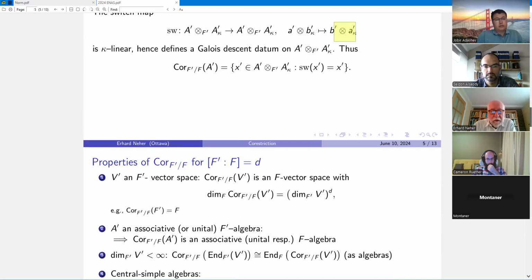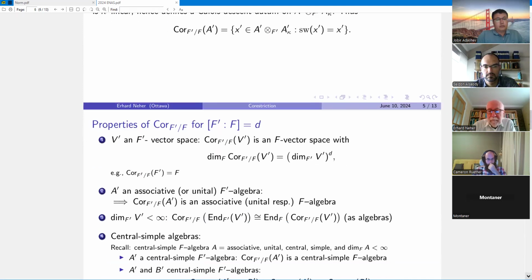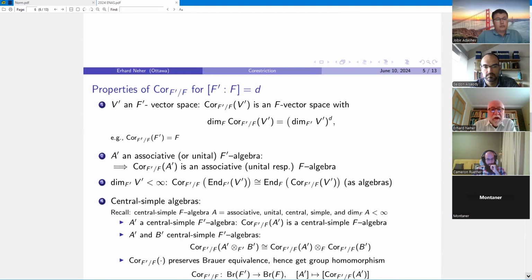So recall that a central simple F-algebra is an algebra which is associative, unital, central, meaning the center is one-dimensional. It is simple, and it has finite dimension. Then from property 3, it is not difficult to see that if you take the corestriction of a central simple algebra, it will be a central simple algebra again.